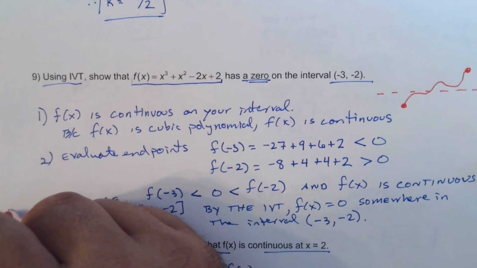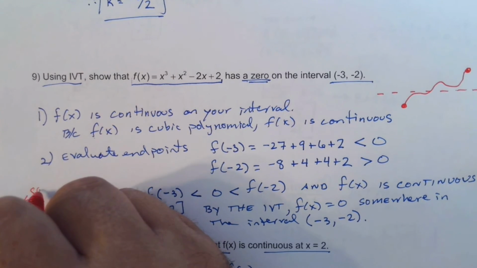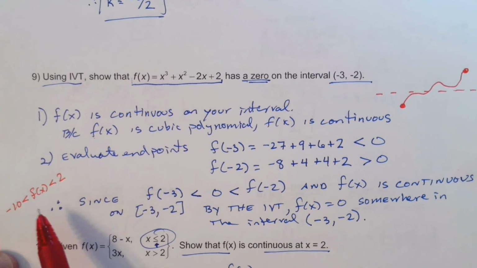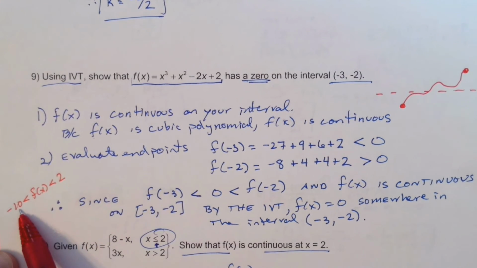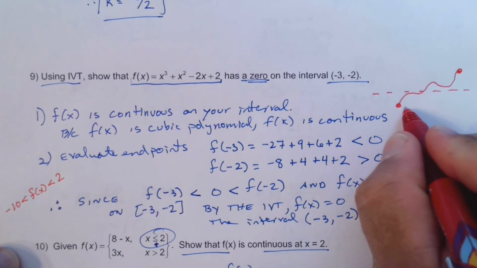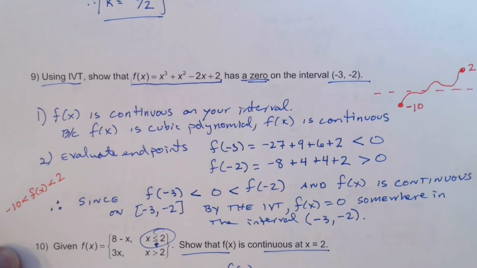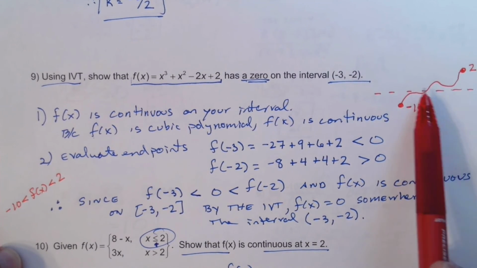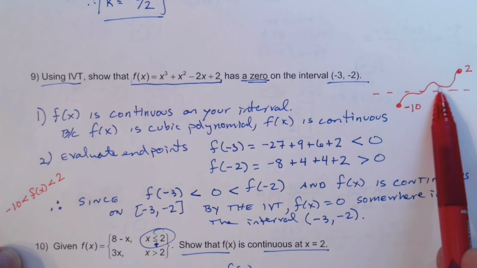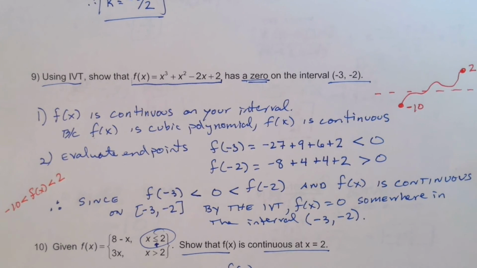So we know that f of x must equal every value between negative 10 and positive 2 if my function is going from a value of negative 10 to a value of positive 2. I don't know how I get from negative 10 to 2. All I know is that I must go through every value between them. And that's working with the intermediate value theorem.